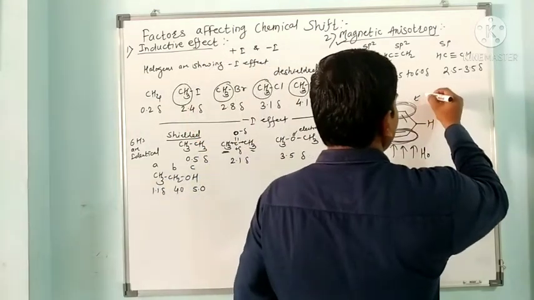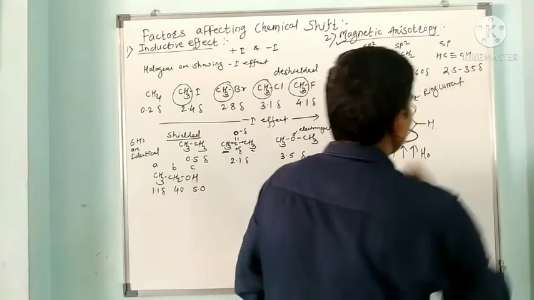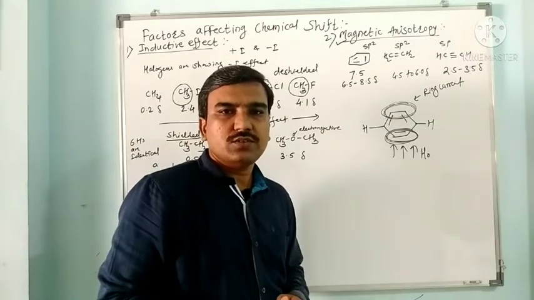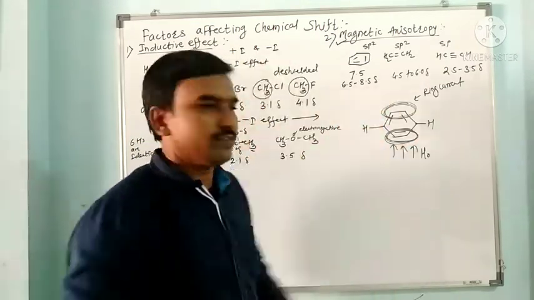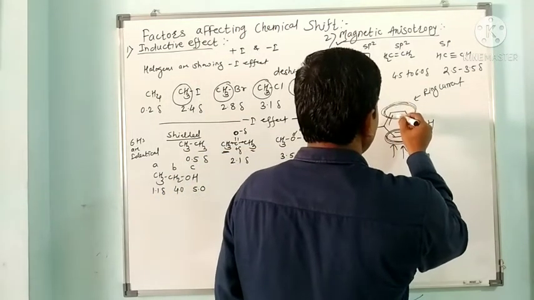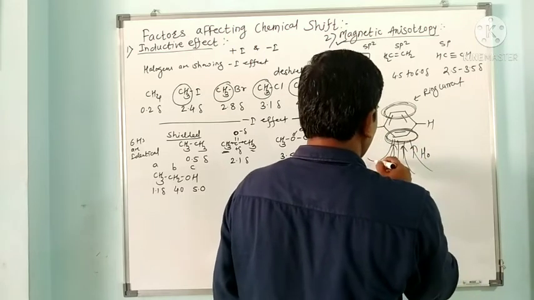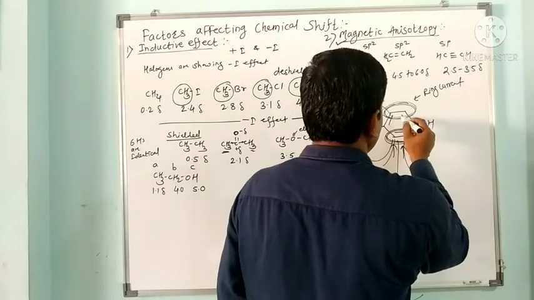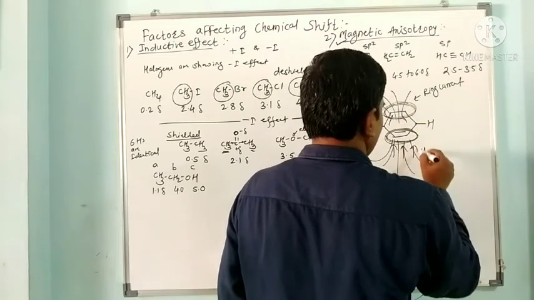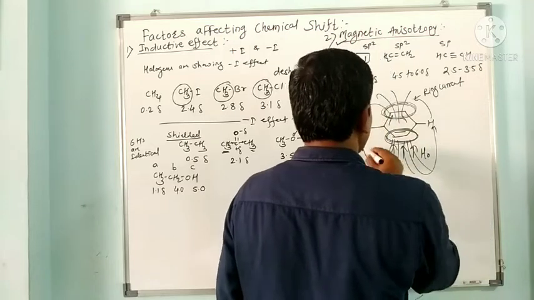So this is the ring current produced. Due to the circulation of pi electrons, it creates the secondary magnetic field. So this is the direction of the secondary magnetic field.